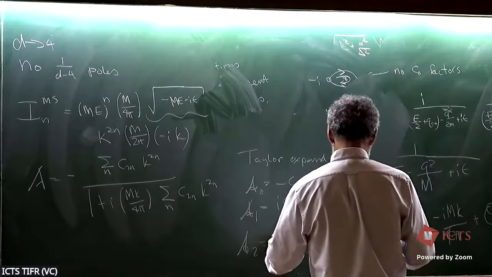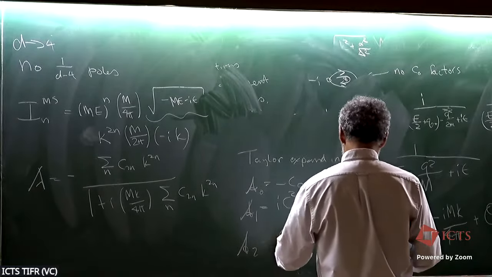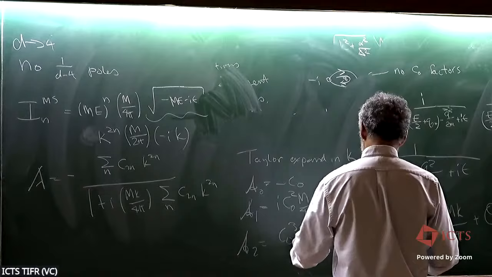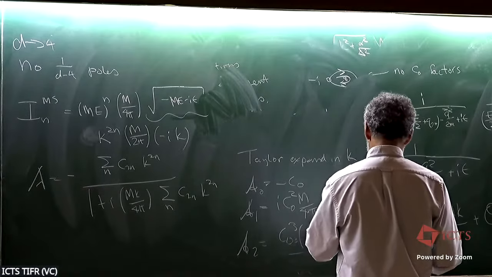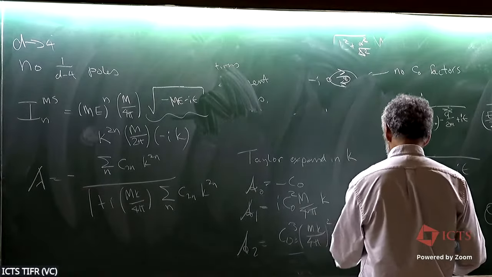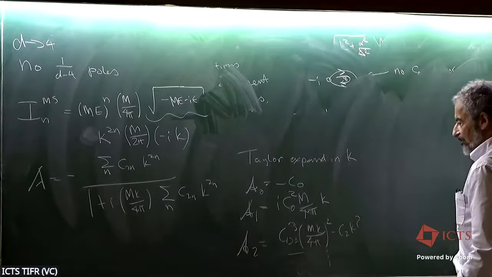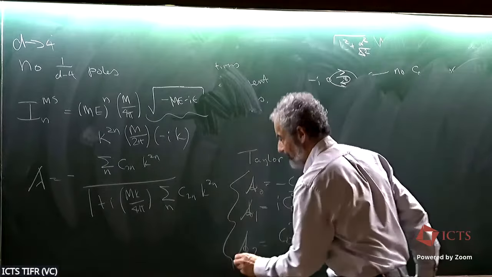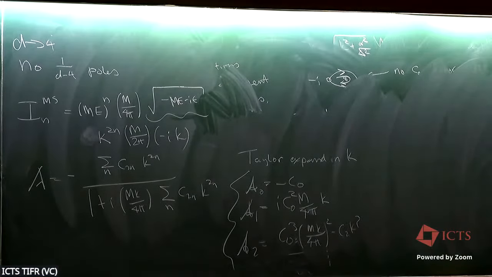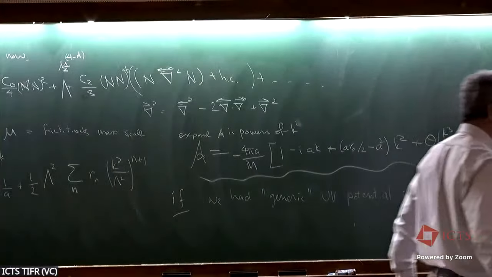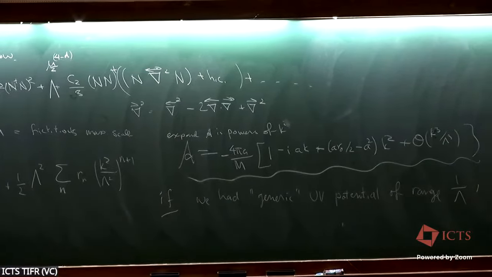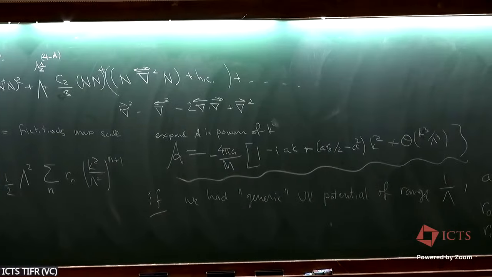A2 is equal to C naught cubed M k over 4 pi squared minus C2 k squared, and so on. And so you can equate these things here with this expansion here. And you see that there's a one-to-one correspondence between all the C's and all the effective range parameters, but you have to work a little bit to get them.